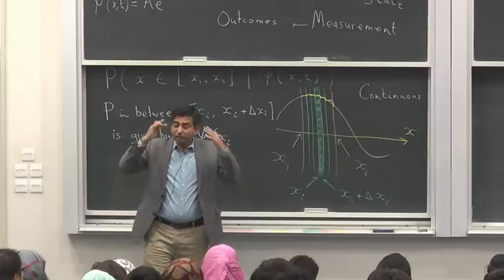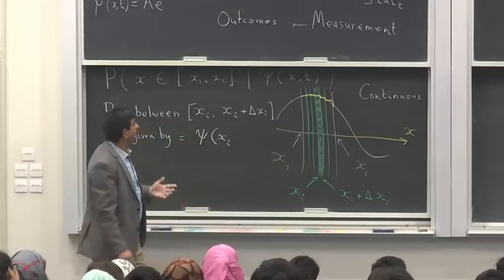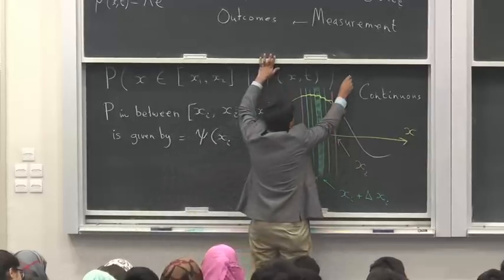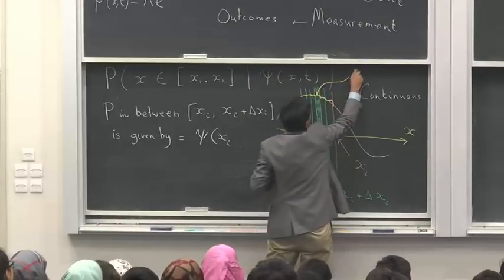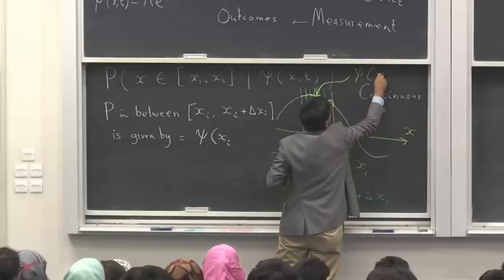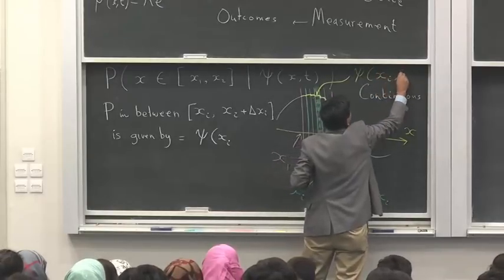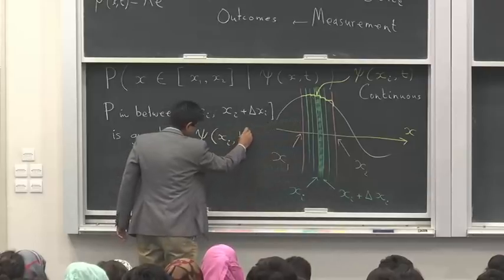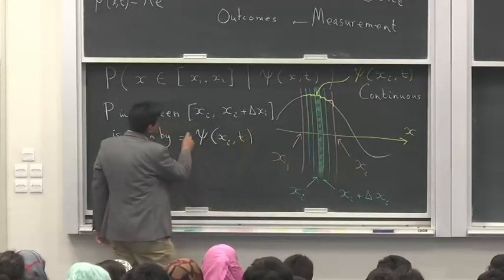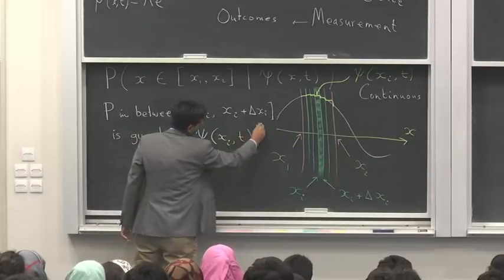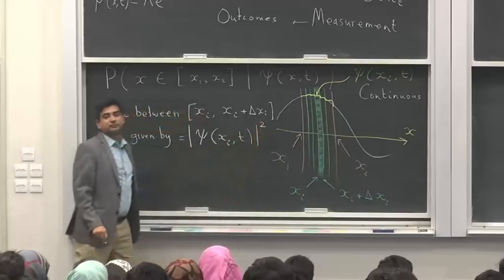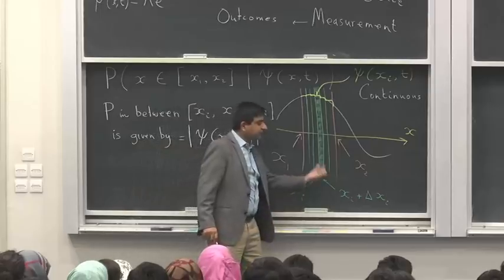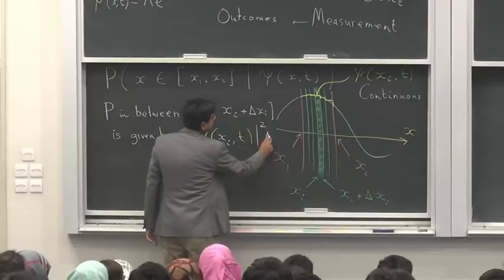Okay, this is my logical assumption here. So what I do is I find the value of the wave function in this interval, psi(xi) at some time t, and I take the modulus squared of this, and I multiply this with the length of the interval, delta xi.